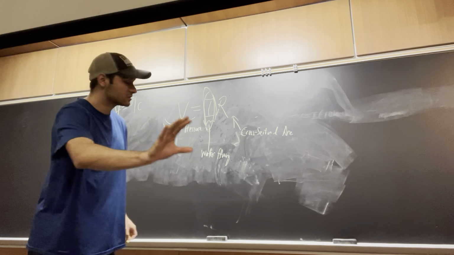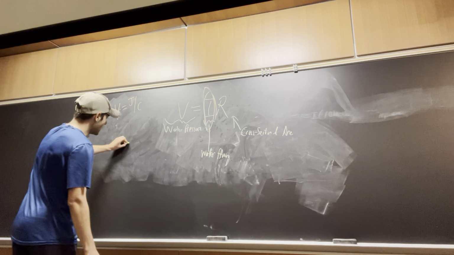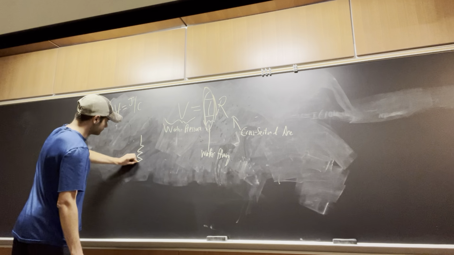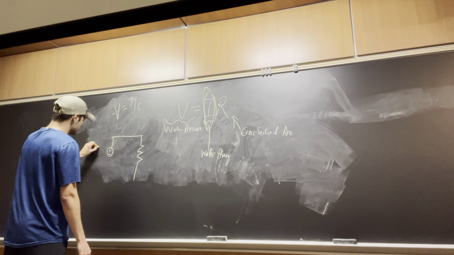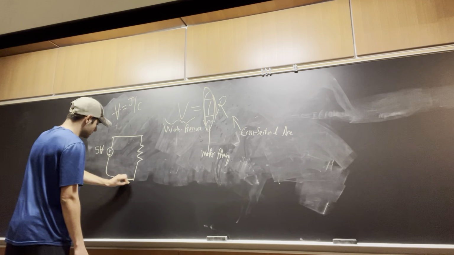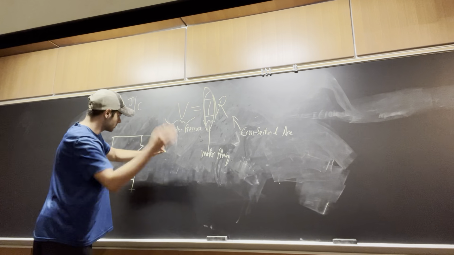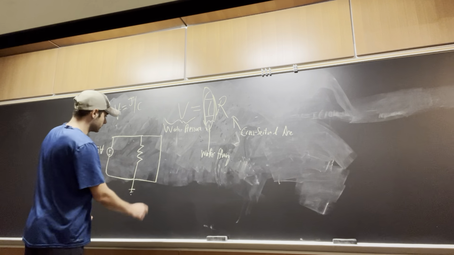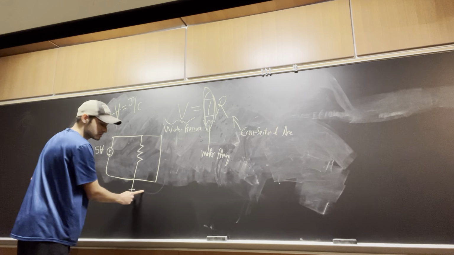Here's an example of why that is debunked. When you have a resistor here, let's say you have a power source, say 5 volts. You have a ground here. But then, say an inductor, whatever, you have a wire here. At the end of the day, this wire shorts.